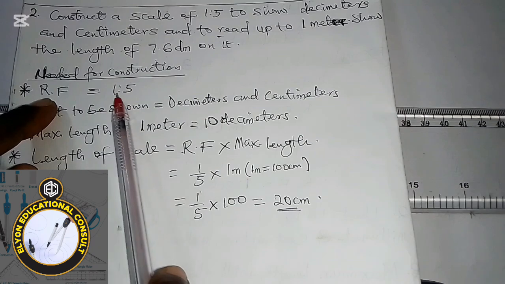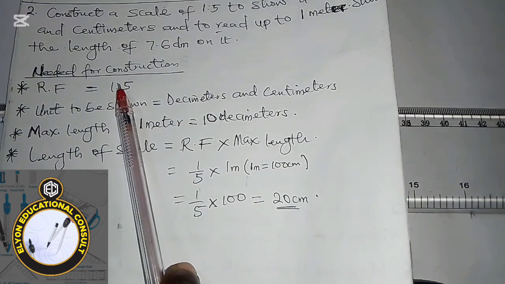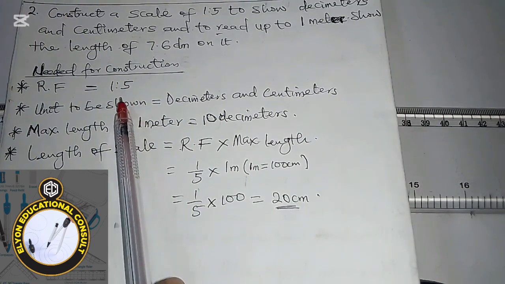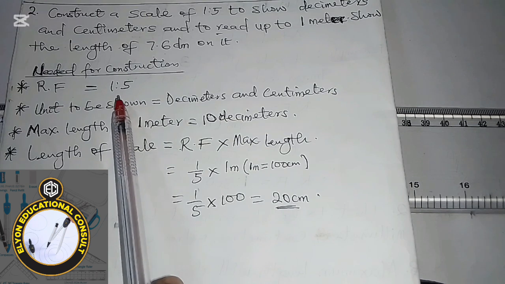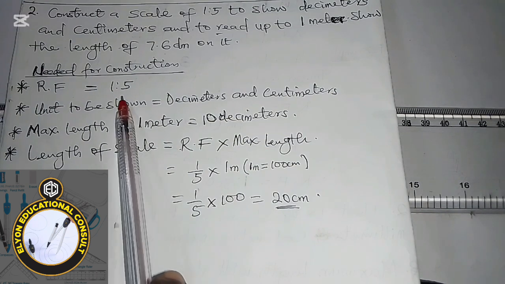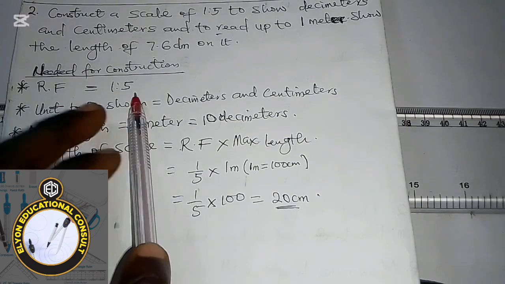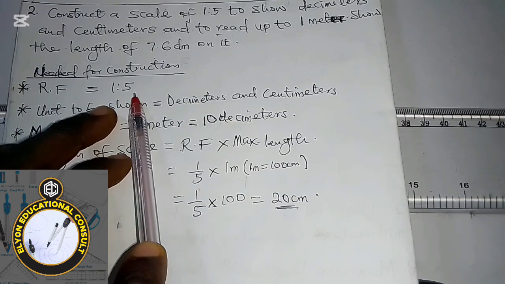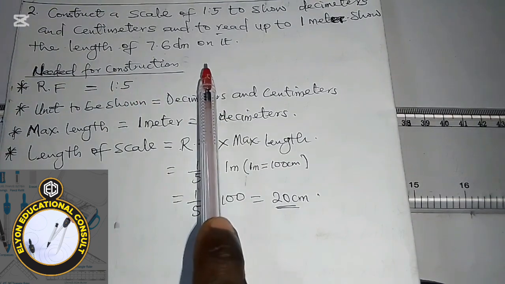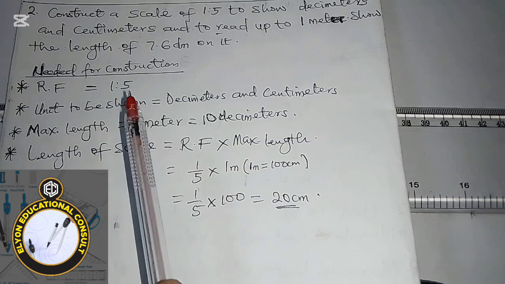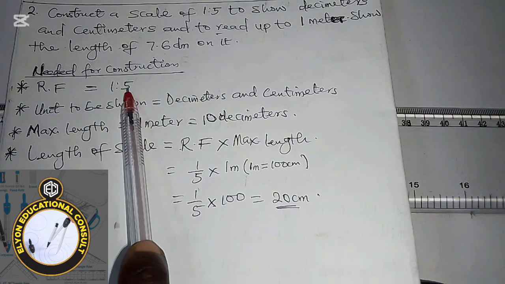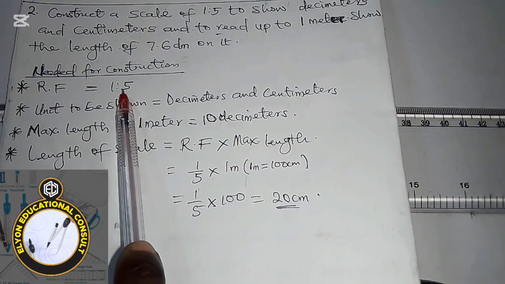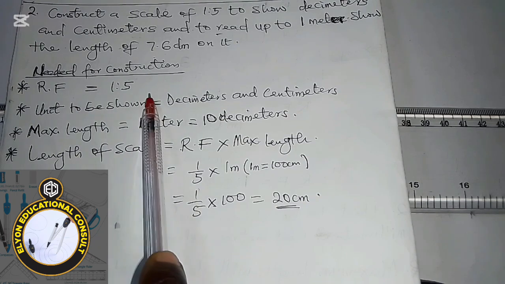Don't forget that representative fraction is the distance on the drawing over the actual length or distance of the drawing. So we have our representative fraction here as 1:5. If it's not given, we are going to calculate that, and refer to my previous video. You will see I've done a video on that, how to calculate the representative fraction.